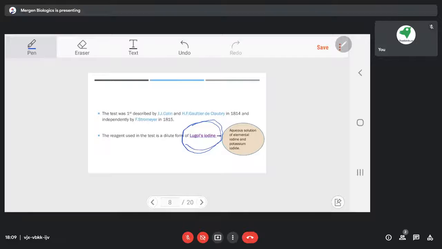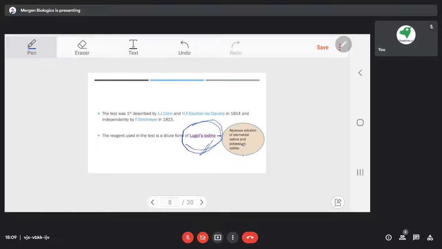Now, again the question is why we have to take two substances, why can't we take elemental iodine directly to do this experiment? My answer is that Lugol iodine is used because elemental iodine is insoluble in water. It becomes soluble only in the presence of potassium iodide.